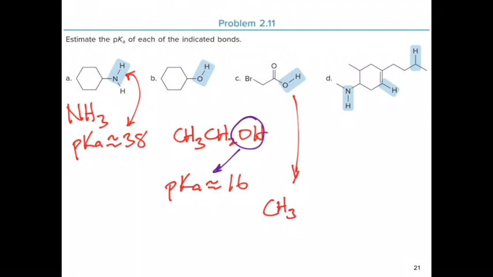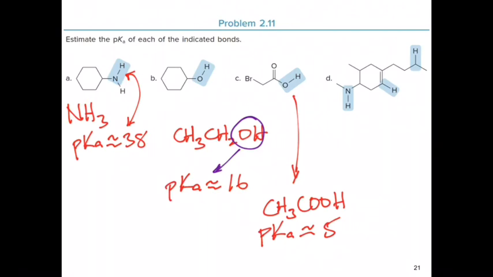So CH3COOH is one example because this is basically a COOH group right here, which is known as a carboxylic acid group. All right, and so the pKa of this molecule is roughly about 5. And so in that case, this is also roughly about 5.